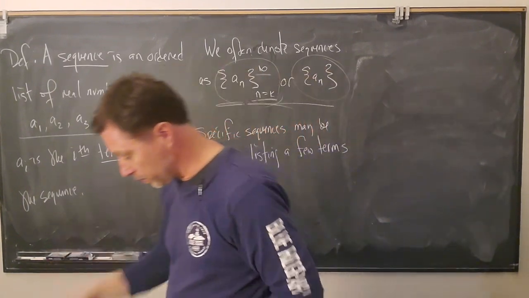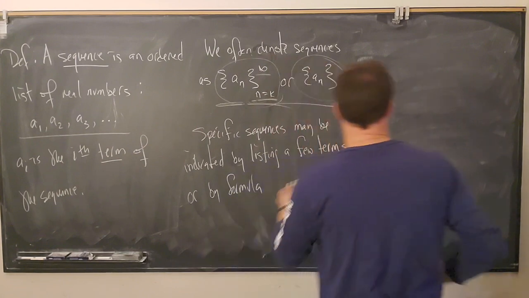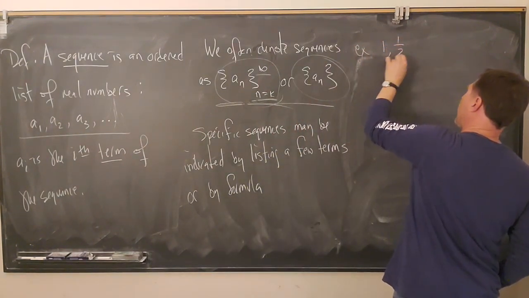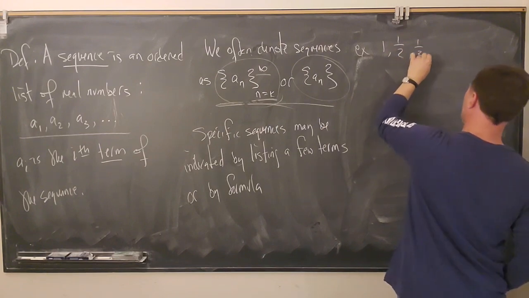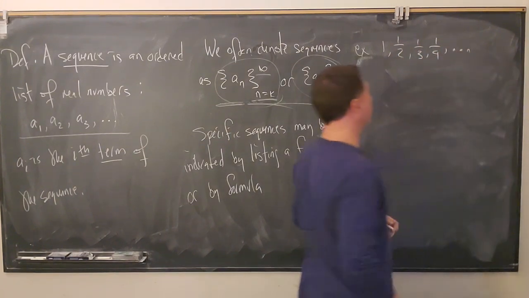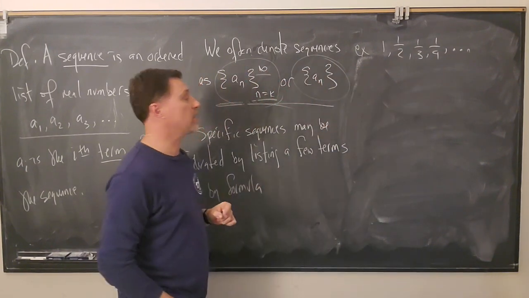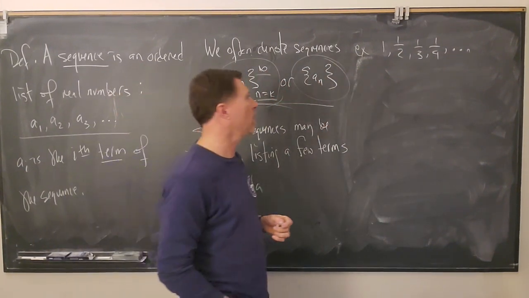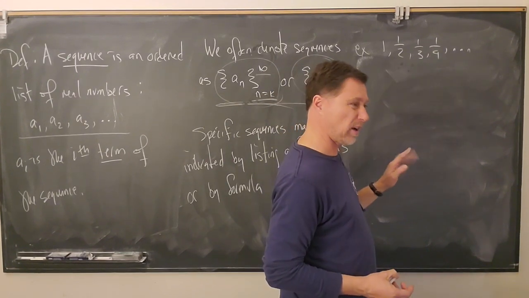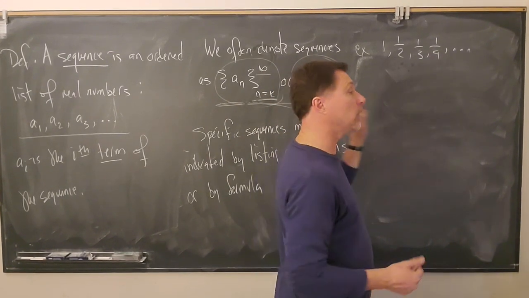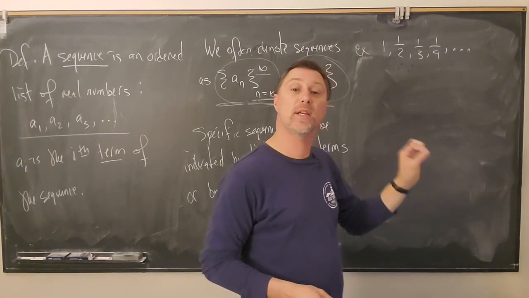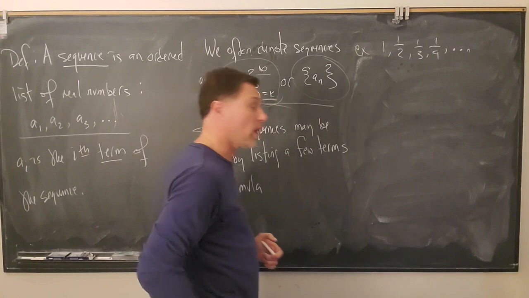So for example, here's a sequence: 1, 1/2, 1/3, 1/4, ... Now I think everyone can figure out what the next terms are going to be. So what do we have here? We have a list of fractions. If you think of 1 as 1 over 1, a list of fractions whose numerator is 1 and whose denominator is increasing by 1 as we go.